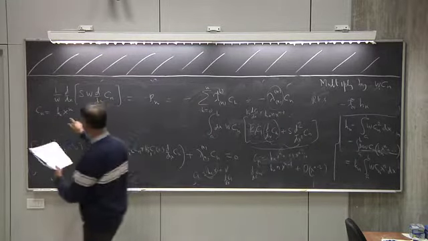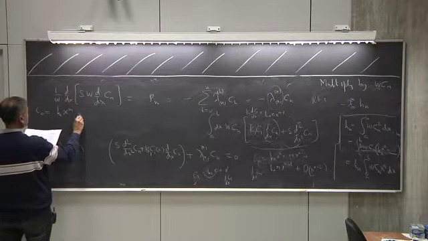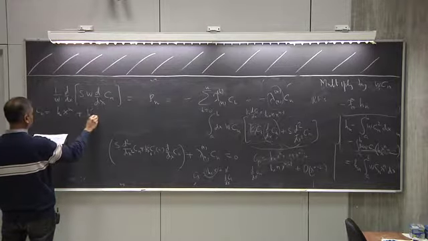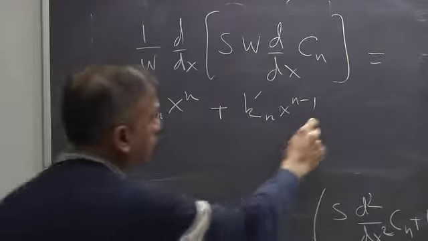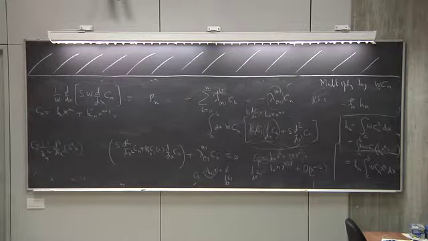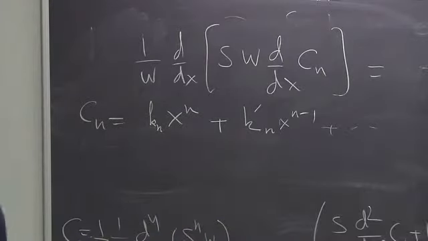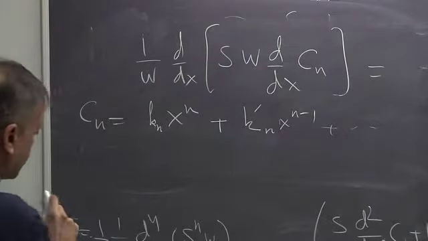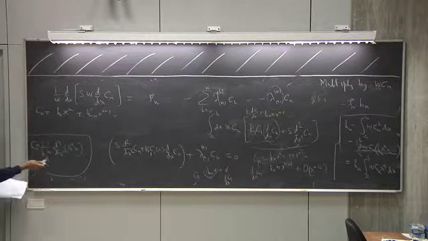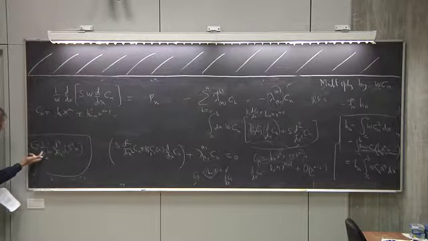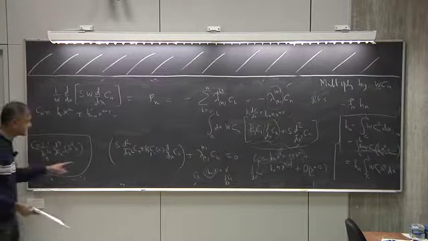So Kn is the coefficient of x to the n, and Kn prime is the coefficient of x to the n minus 1, plus the lower powers. This is a definition, nothing more. Whatever that number is, I call Kn. Okay, and this is the definition of Cn, where what is appearing here is some constants which I'm free to choose, and I just use that. I call this capital Kn, not small kn, it's capital Kn. So is that capital K1 here.